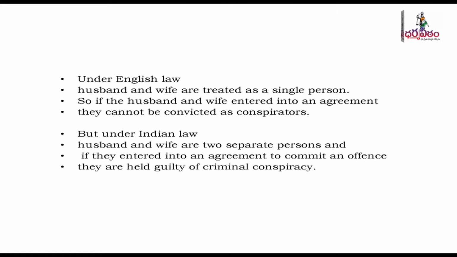If the husband and wife enter into an agreement with X or Y, here husband and wife are one person and X is the other person. 2 persons are there, so conspiracy can be completed.